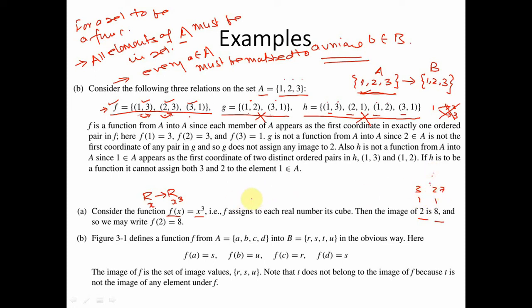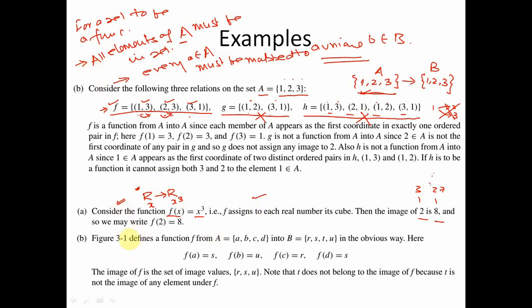Now this is a function. Why? Because for every real number I can find a cube, and every real number can have a single cube. You cannot show me any real number which has multiple values for its cube. So both the conditions are being satisfied. So this is a function.